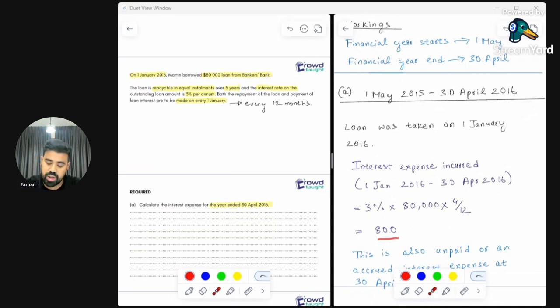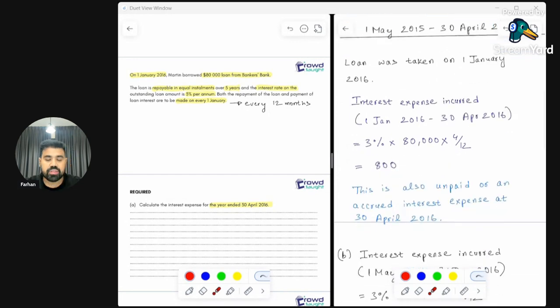Okay, now we know that the loan and the interest payment is going to be at 1 Jan 2017, which means at 30 April 2016, this $800 of interest expense, which we have calculated for the 4 months of Jan, February, March, and April, is an unpaid interest expense, which is also known as interest expense payable or accrued interest expense, which is a current liability.